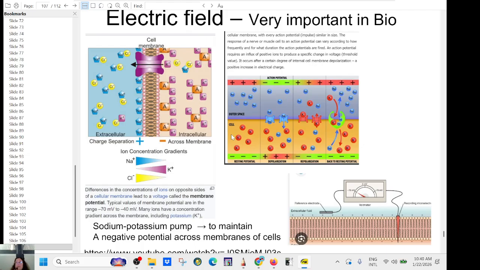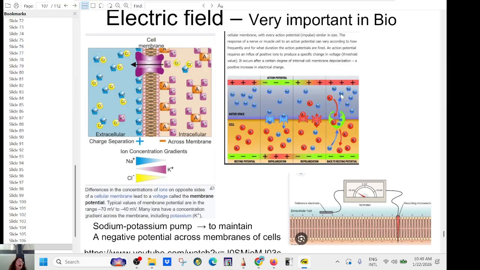When there is a signal that will be sent, those little channels here open up. So of course the plus ions rush to get to the minus and they overshoot. So that's going to be minus and that's going to be plus. And then again, what will happen is that you have a wave of plus, minus, plus, minus, plus, minus, because those ions move in and out and in and out.